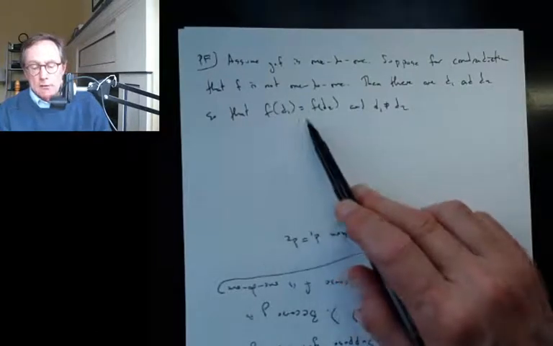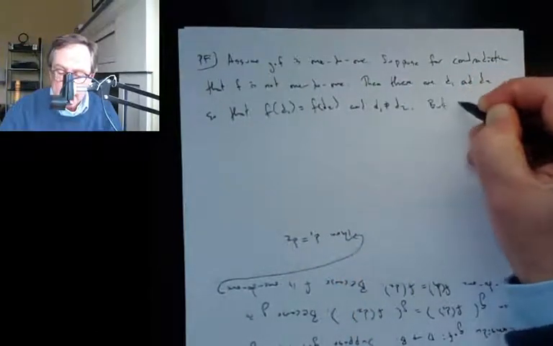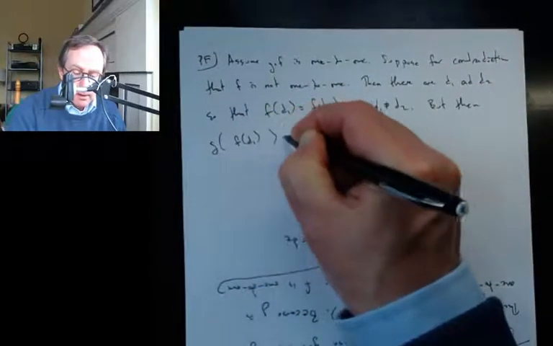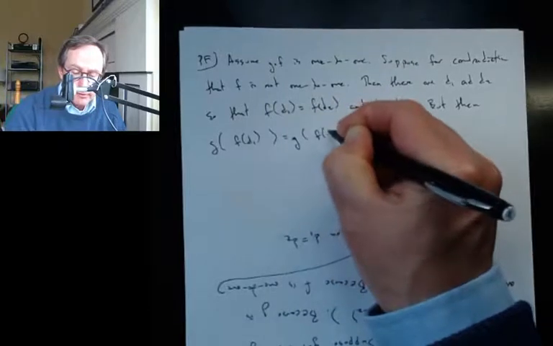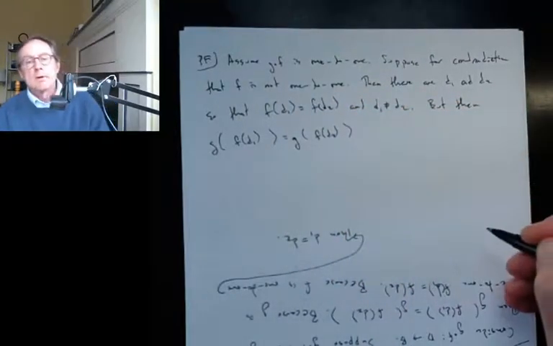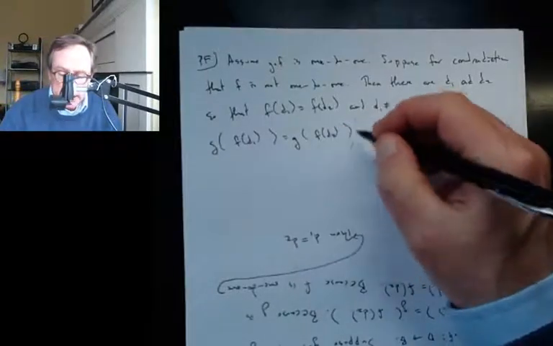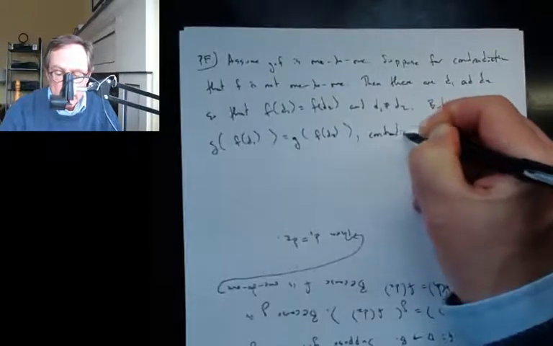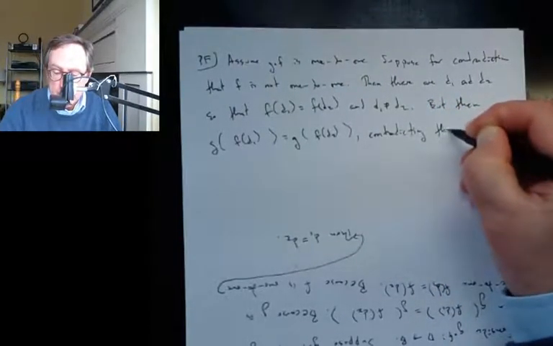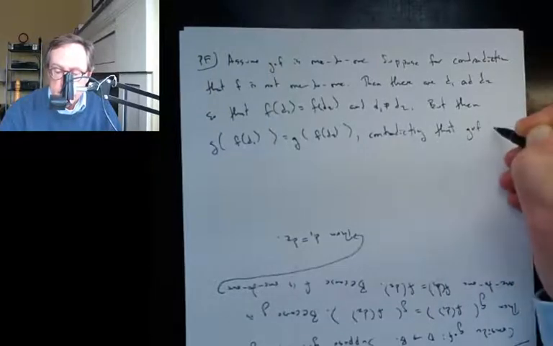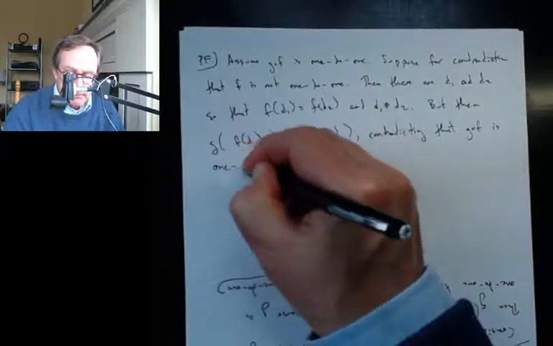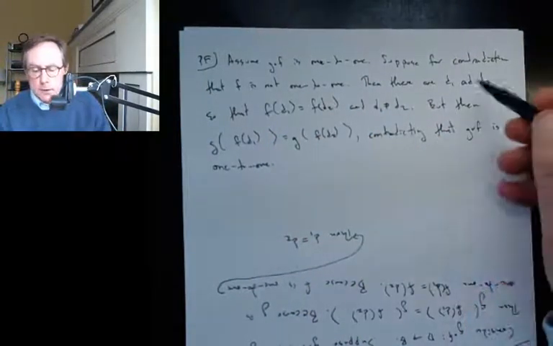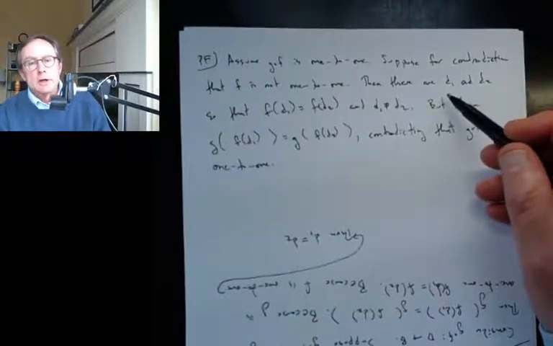But then G of F of d1 equals G of F of d2, and so G circle F would not be one-to-one, contradicting that G circle F is one-to-one.